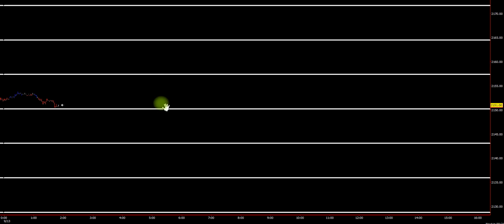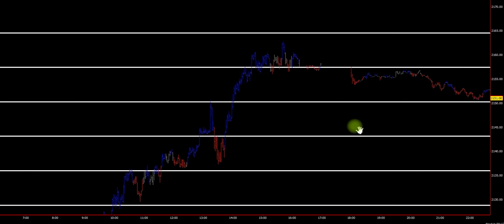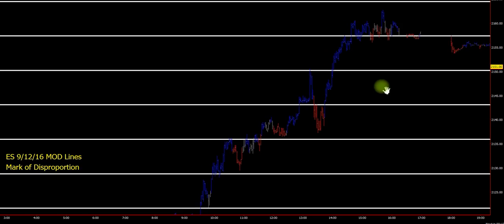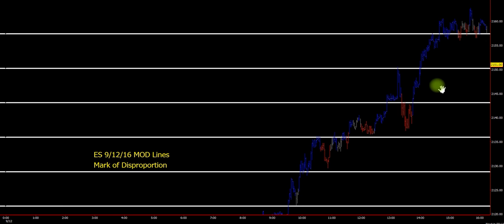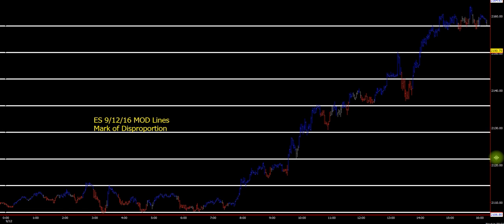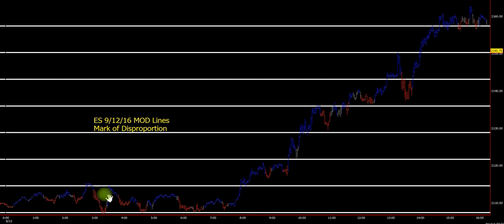But anyway, I just wanted to give you a little taste of the mod lines so that you can see. Let's get the whole day in here, and you can see we stayed in between those mod lines the entire early part of the day, and then we broke out, tested, came up, tested, tested.